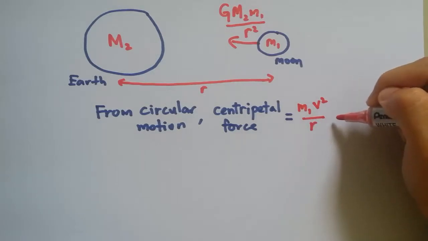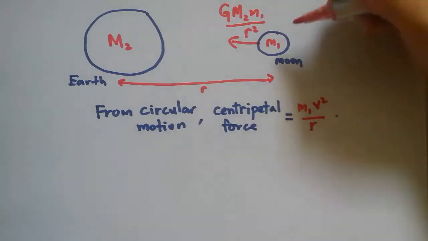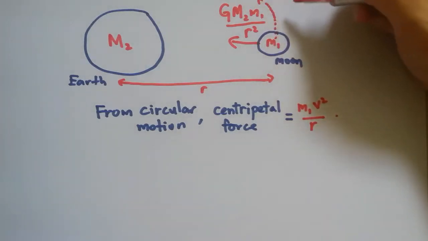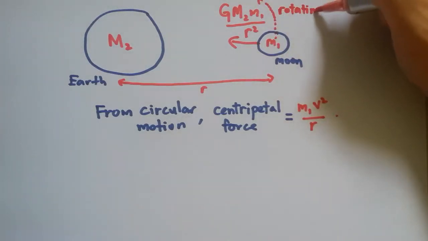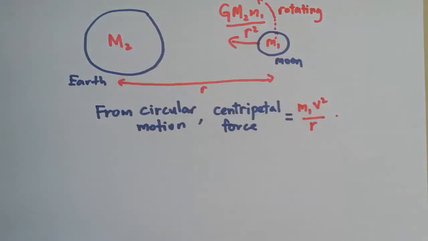If you can't recall anything from that chapter, it would be good to take out your lecture notes now. Note that the Moon is rotating with a fixed radius about the center of the Earth. Thus, the force during the rotation is always the same, as the force is determined by GMm over r squared.